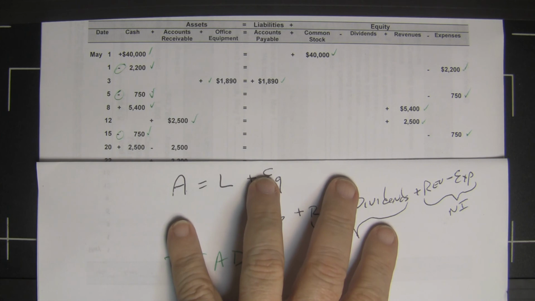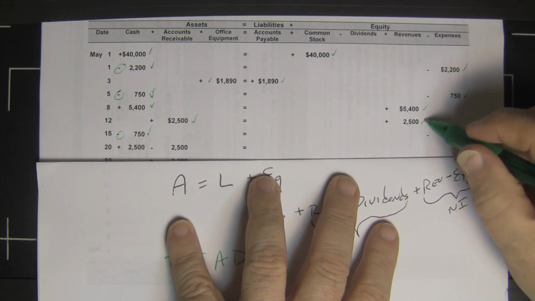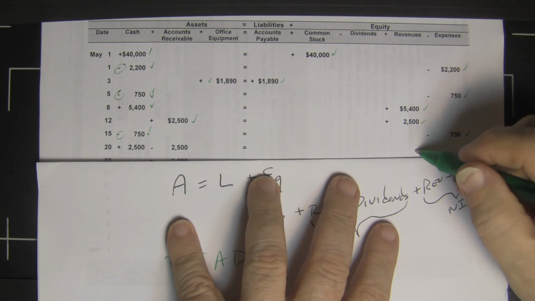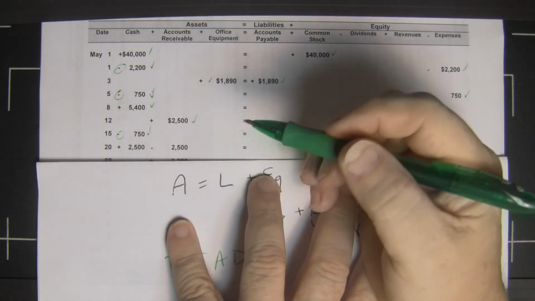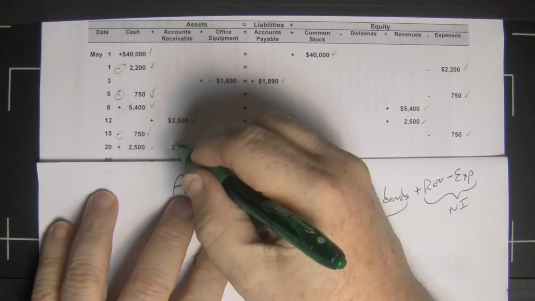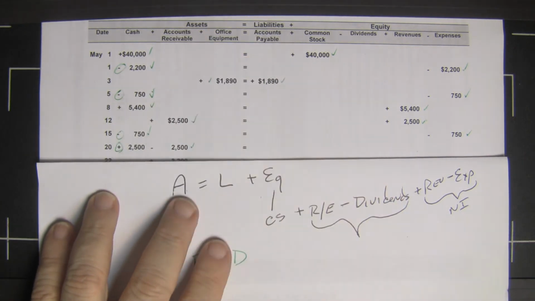Now on the 20th, it looks like he got that $2,500 he earned up here. So he doesn't go back to revenue. He already recorded the revenue. He reduces the accounts receivable and increases his cash.